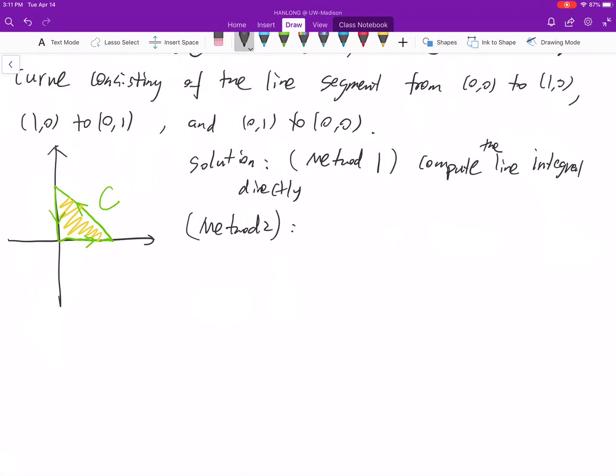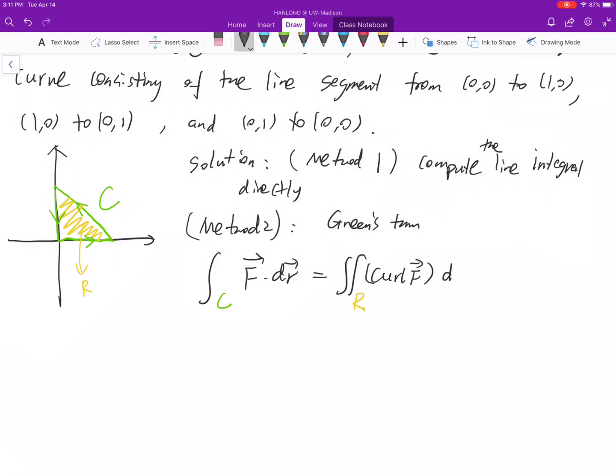And therefore, by Green's theorem, the integral of F dr is given by, let's call this region R, the double integral of curl F dx dy.